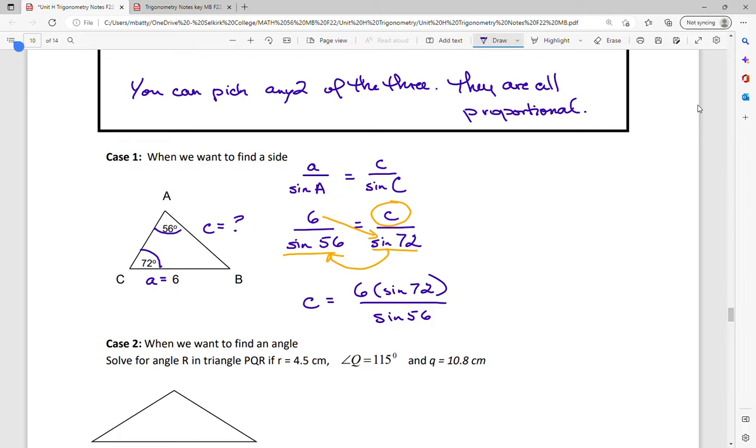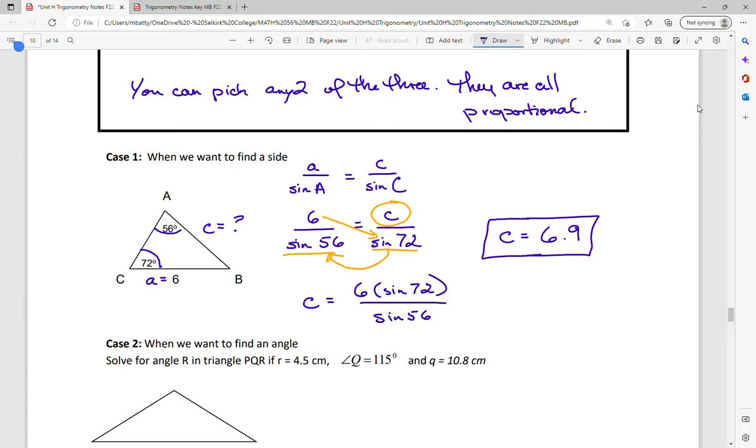If you need to write this step, go for it. If you don't, that's absolutely fine. Hopefully you're not still puzzled on how to get there. And I do this next step on my calculator to give me my answer that side C is 6.9, whatever units those are. We're still going with 1 decimal place on sides and angles to the nearest degree.